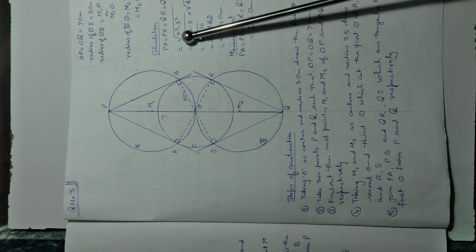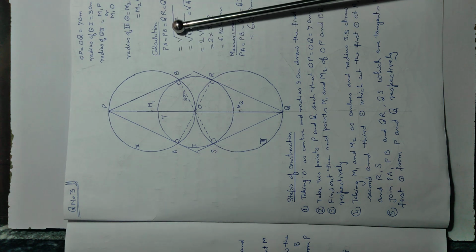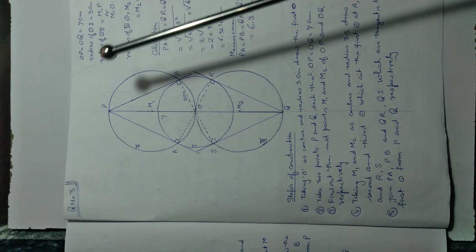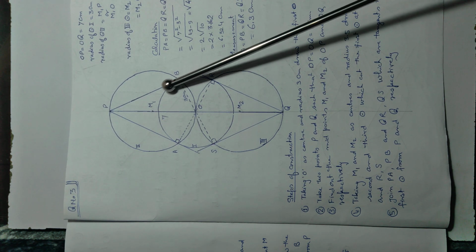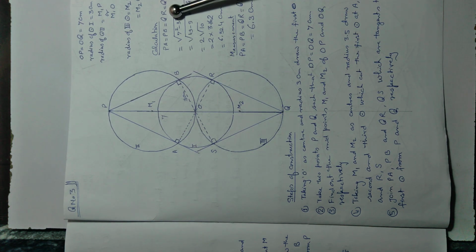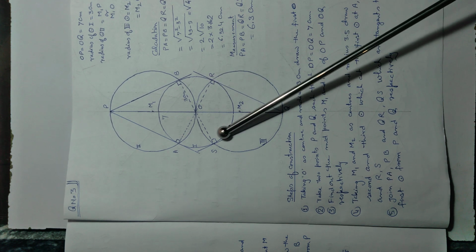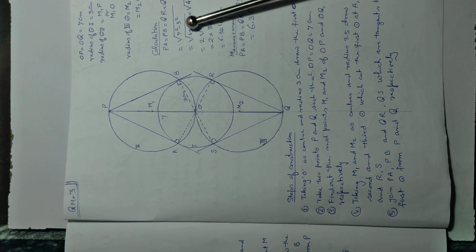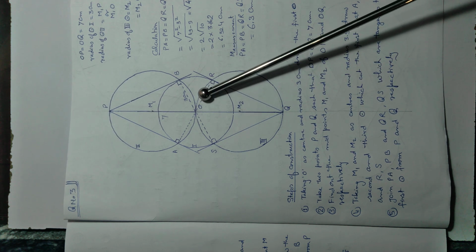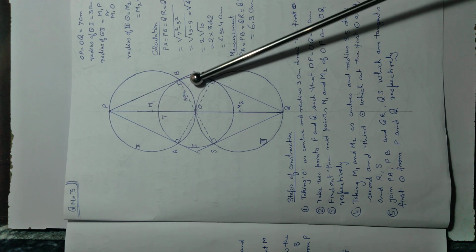So calculation part, let us see first of all. PA is equal to PB. These are the common tangent. So PA and PB are equal, and QR is equal to QS. So this distance means OP. OP is how much? It is 7 centimeter.